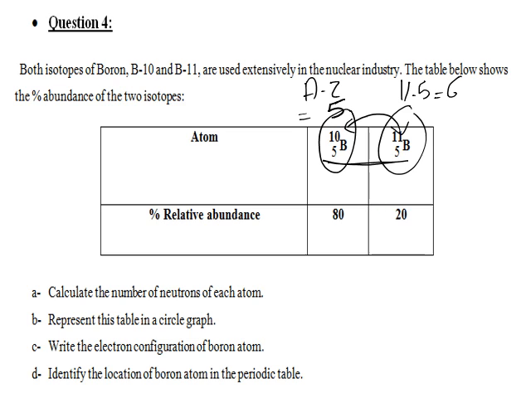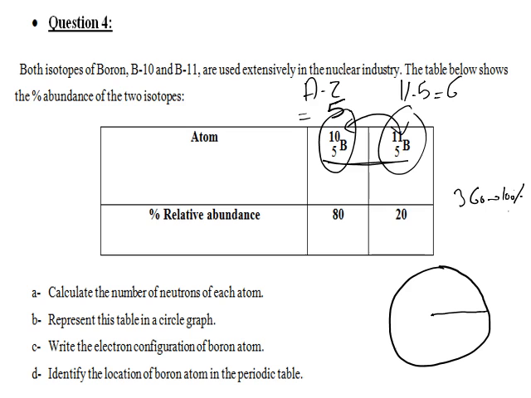Represent this table in a circle graph. First, you have to draw a circle. This circle, you draw it with a radius of maybe 4, 5, 6 centimeters as you wish. First step, you have to draw the radius. For example, this 80%. The circle represents 360, so 360 degrees represent 100%.